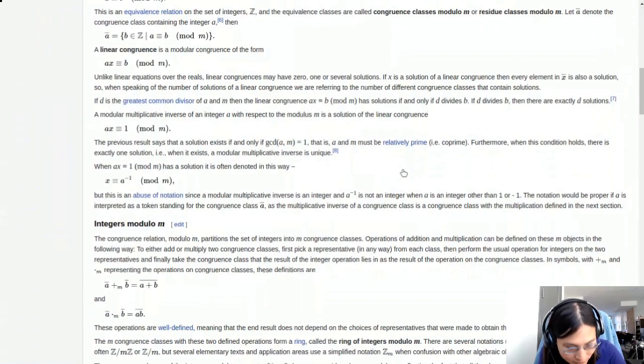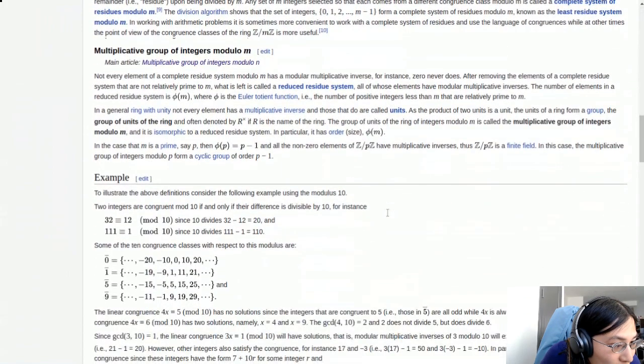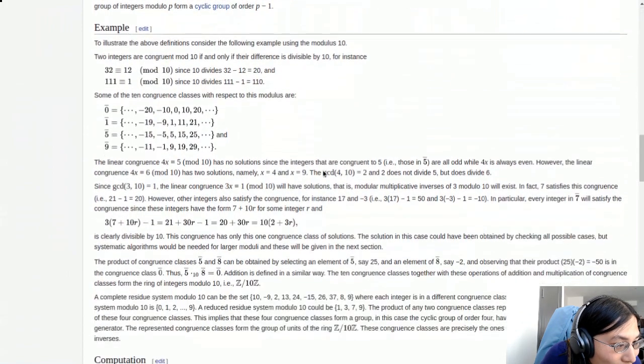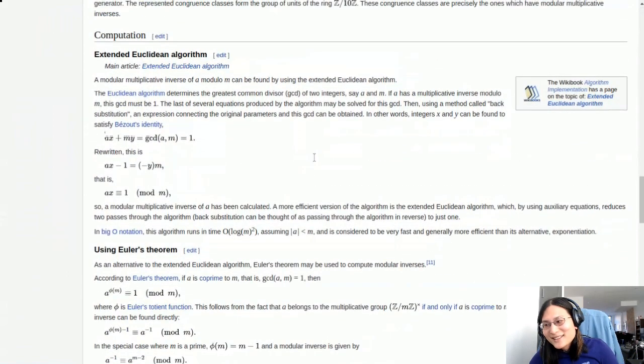Yep, they have to be relatively prime, which I knew. I'd figured that out already. Okay, but how do I compute it? Ah, the extended Euclidean algorithm. That's what it's called.